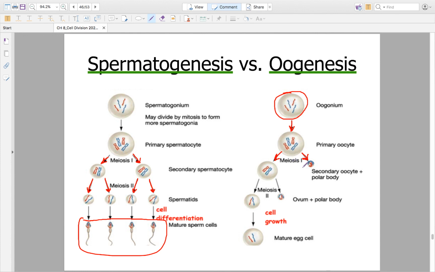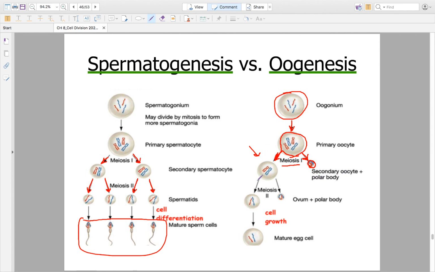However, what's going to happen is the majority of the cytoplasm is going to lean towards one side of the cell. So when division occurs in the first round of meiosis, you'll get one cell, and then you'll get this little kind of unit of chromosomes, and it's called the polar body.